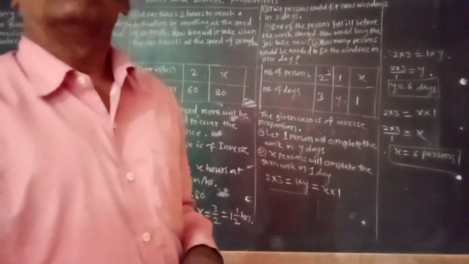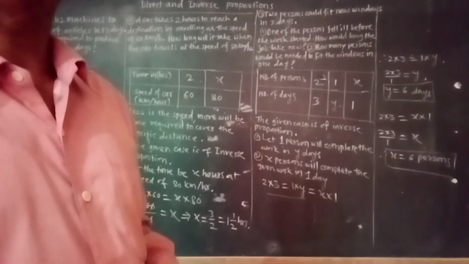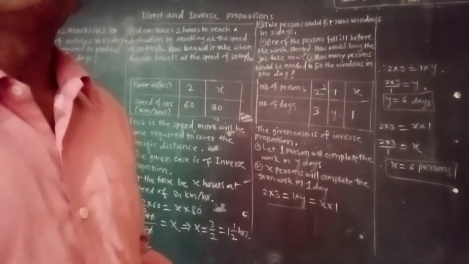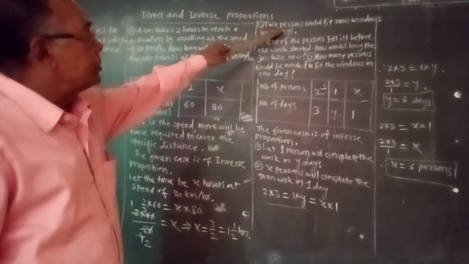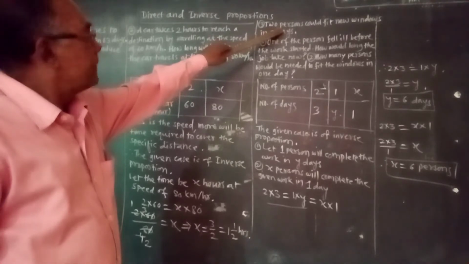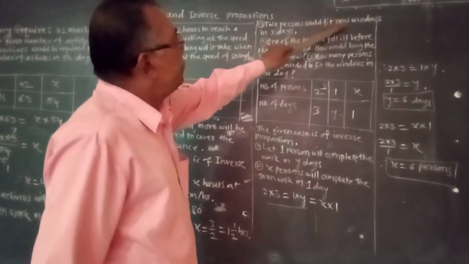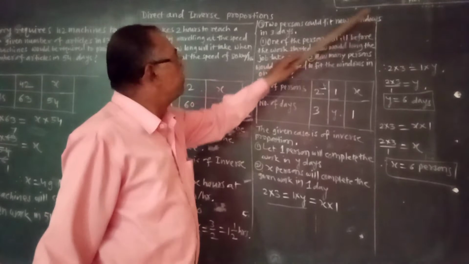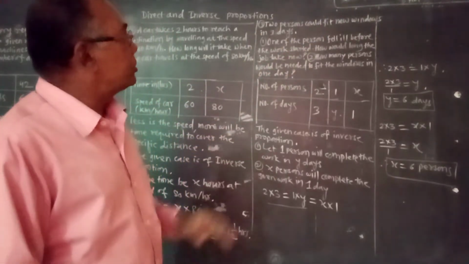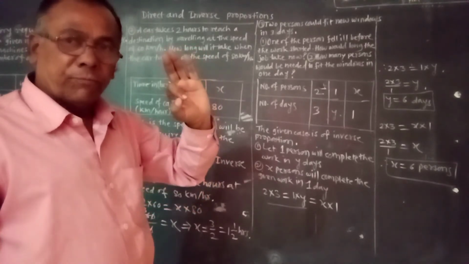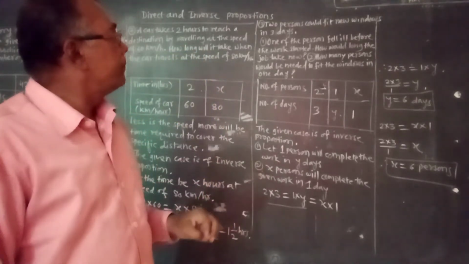Now we will see one more example, that two persons could fit new windows in 3 days. Means two persons fit new windows in 3 days.